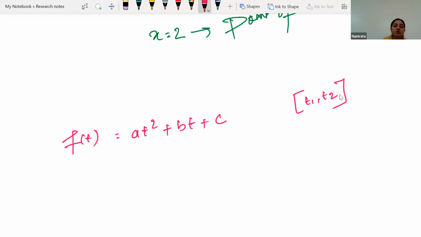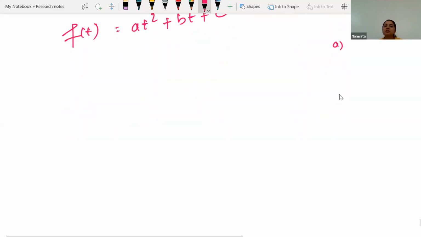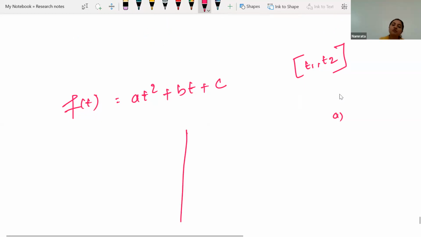Here a few options are given, like t1 minus t2 by 2. If we find the average speed, at which time will the average speed be attained? That we have to find. For this question, average speed means we have two ways of finding it. One way: this is the position of the car at a certain time.